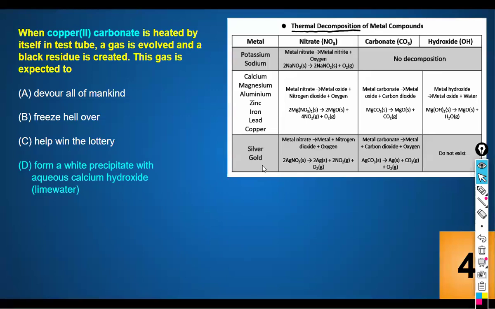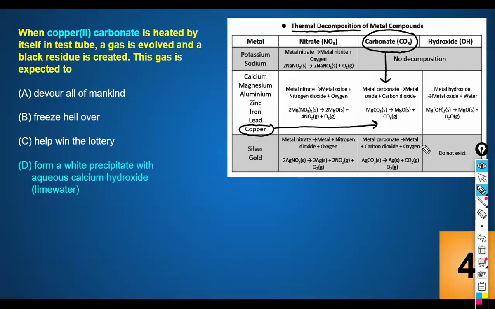When copper 2 carbonate, let's look for the carbonates here. So we're in the carbonate section, and it's copper, so it's this section of the table we are looking at. When copper carbonate is heated by itself in a test tube, a gas is evolved and a black residue is created.